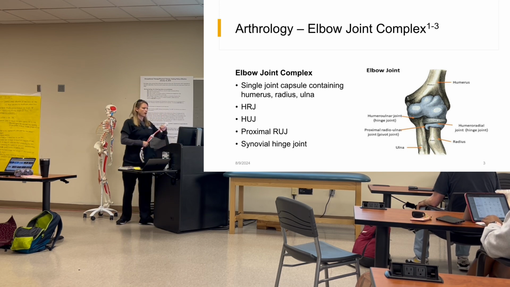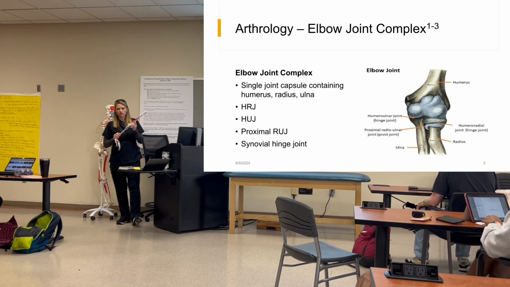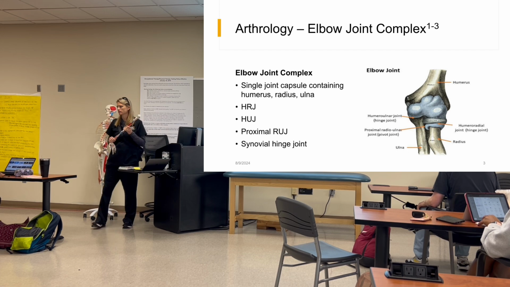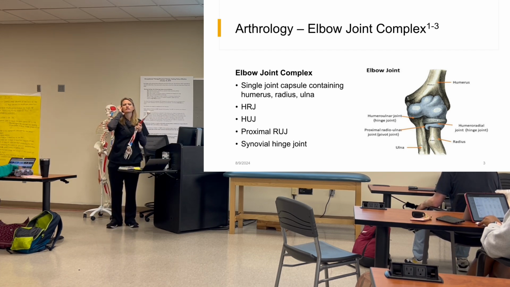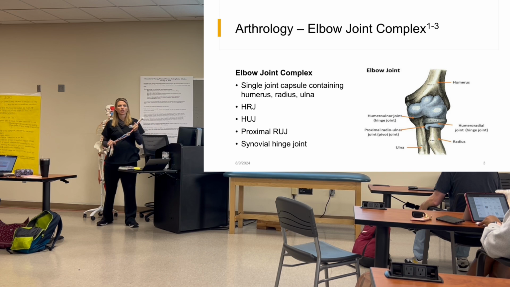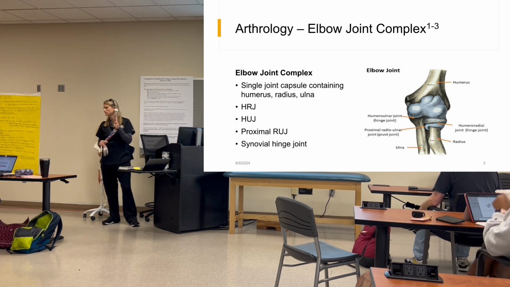So the elbow complex. What joints are involved in the elbow complex? Humeroradial. Okay, there's one joint. Proximal radial ulnar. And what's the third one?